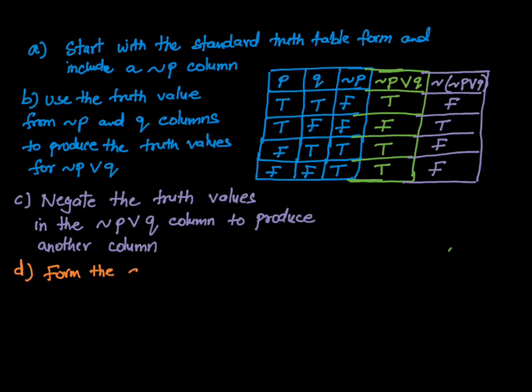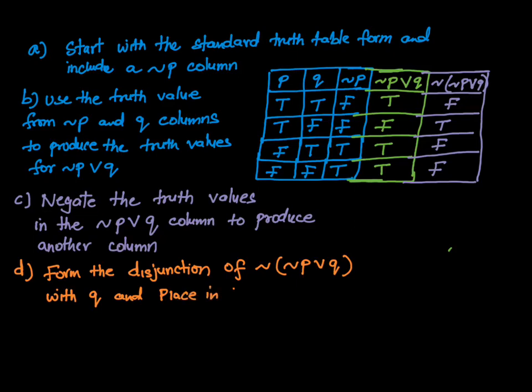We're going to form the disjunction, which is the OR, of the not P or Q, which is the last column, the purple one that we have, with the Q. And replace it in our last column there.